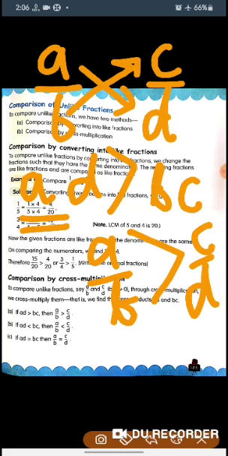Always remember this trick: when the first numerator side is greater than the second numerator side, the first fraction is greater. So here we can say that a by b is greater than c by d.